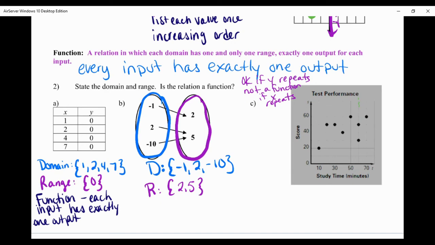And now we want to determine if this mapping diagram relation is a function. Each input has exactly one output. -1 maps to 2, 2 maps to 5, -10 maps to 5. It would not be a function if 2 mapped to both 2 and 5.